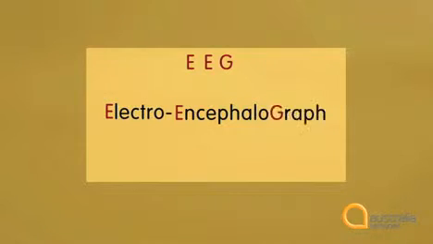EEG stands for electroencephalograph. That's a type of brain scan, but you can see why we shorten it to EEG. Notice that in formal academic writing, it's necessary to write out an abbreviation in full the first time you use it.